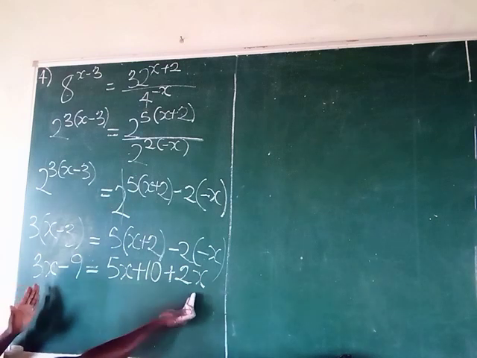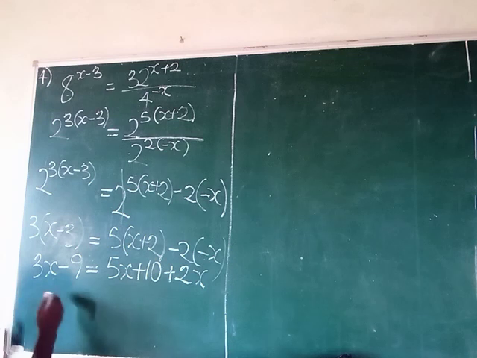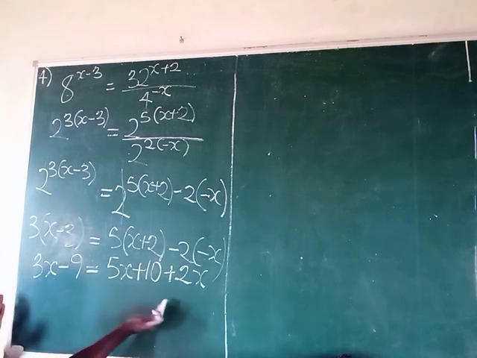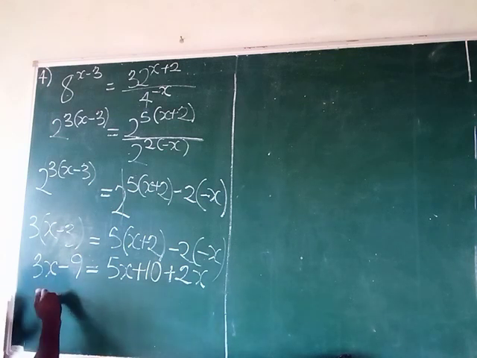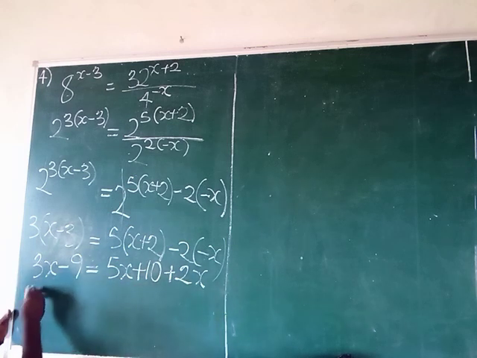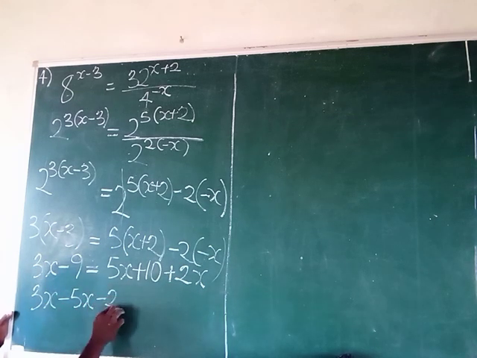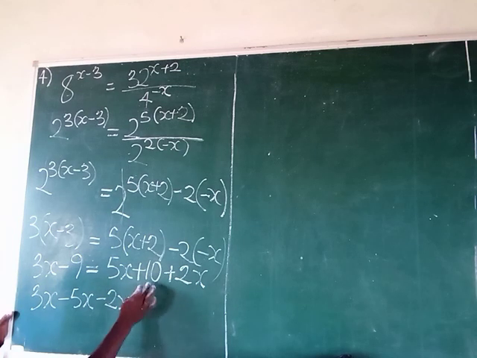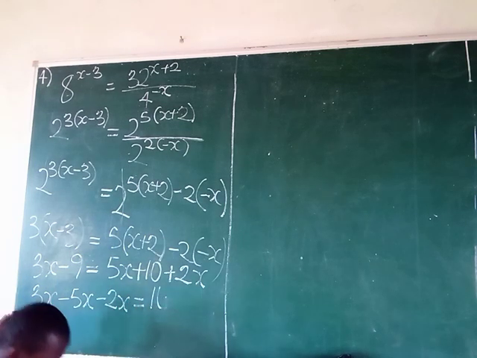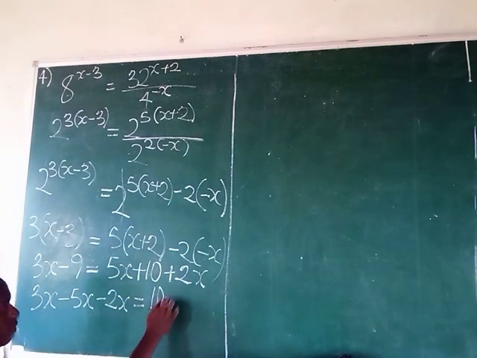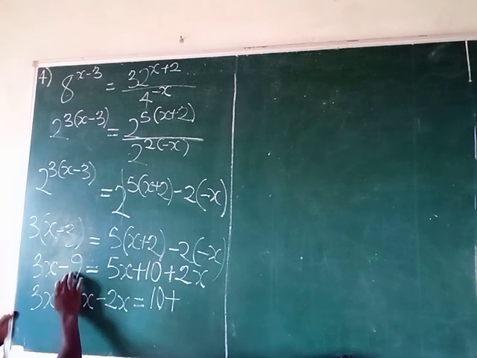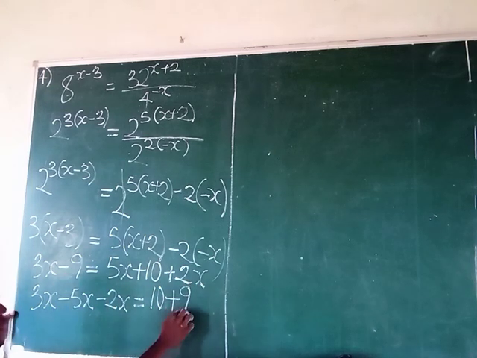So what do we do next? We take all the unknown terms this way, and the numbers the other way. So we have 3x minus 5x minus 2x is equal to 10 plus 9, because it's minus 9.